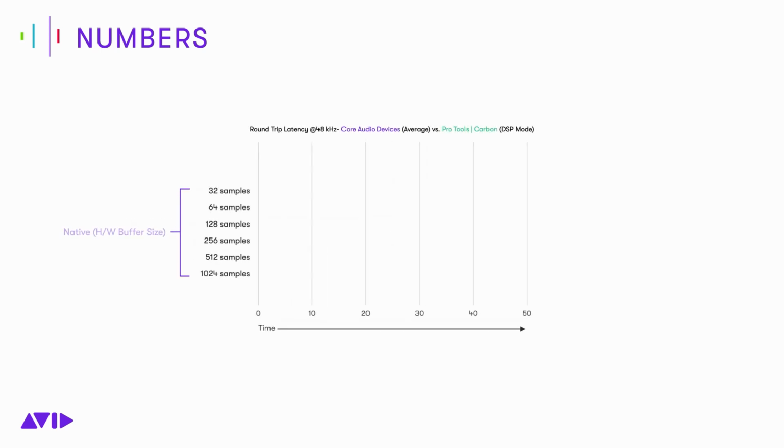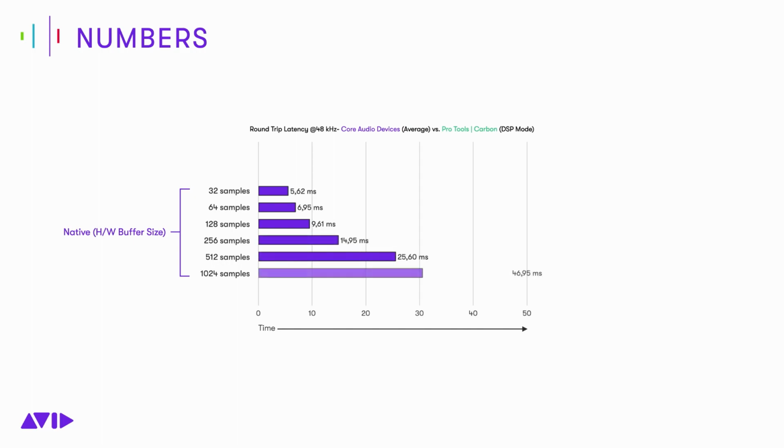Core Audio interfaces with the lowest latency setting at 32 samples will give you an average of 5.6 millisecond round-trip latency. Bumping up the buffer size setting will increase the latency in logarithmic steps. At the maximum setting, we measured an average of 46.9 milliseconds.